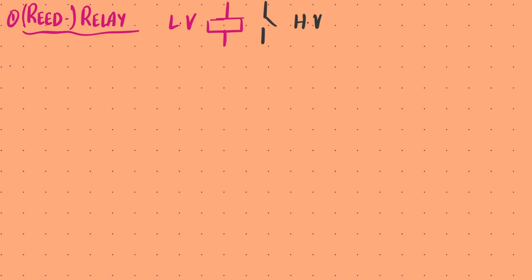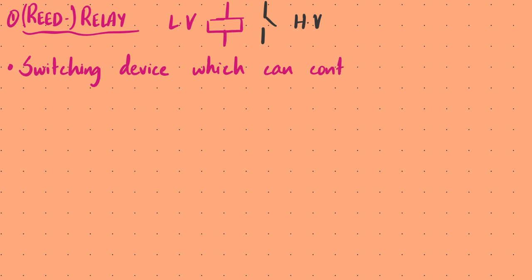So this is often asked in your paper as well, which is what are the advantages of using a relay? So first of all, you should know it's a switching device which can control a high voltage appliance or a high voltage circuit while itself being low voltage.